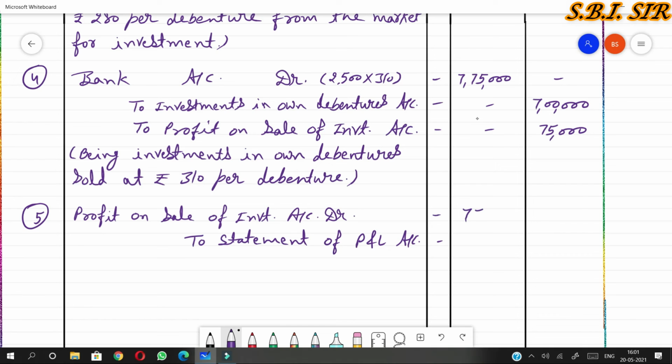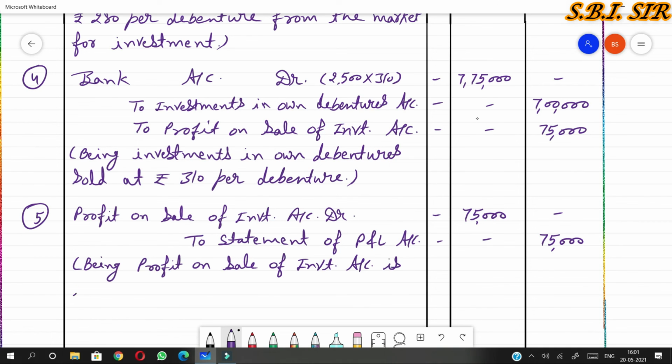The amount will be 75,000. Then narration being: profit on sale of investment account is transferred to statement of P&L account.